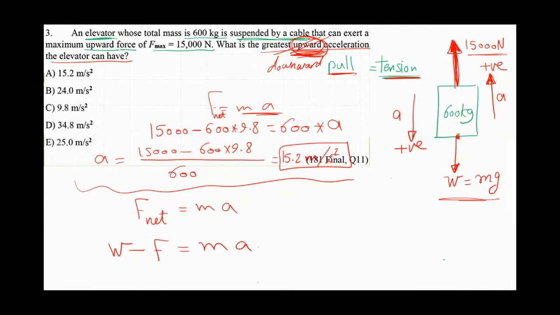So we reversed the weight and the force sign, and then you continue according to the given in the problem. But I need you to take care of the sign. If he told you that the acceleration is upward, take the upward to be your positive. If downward, take the downward to be your positive and continue your problem.